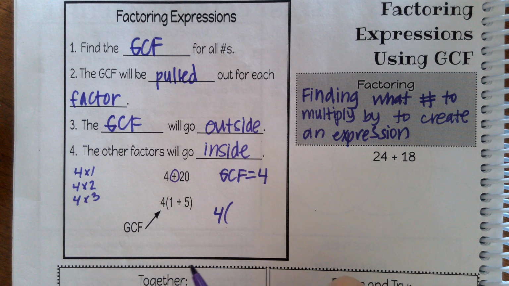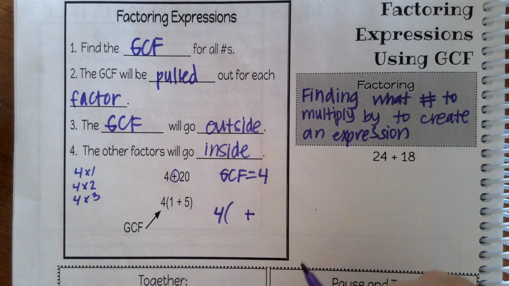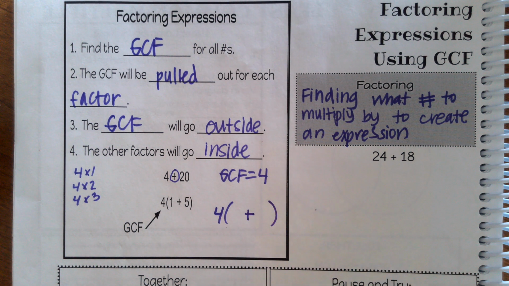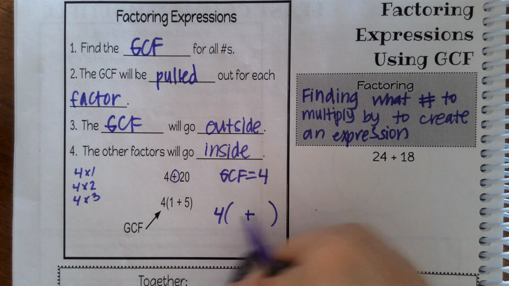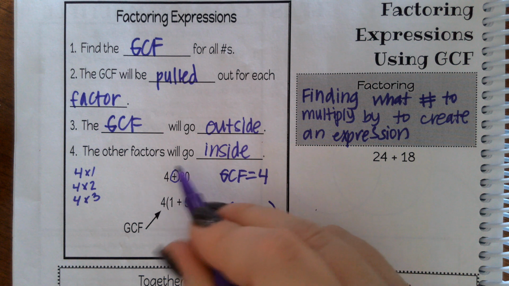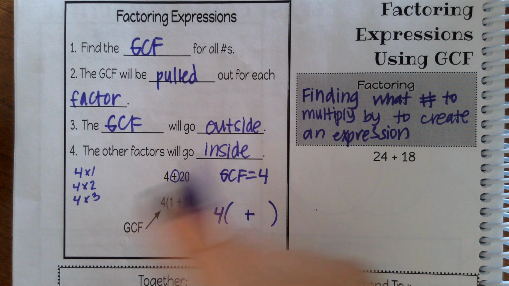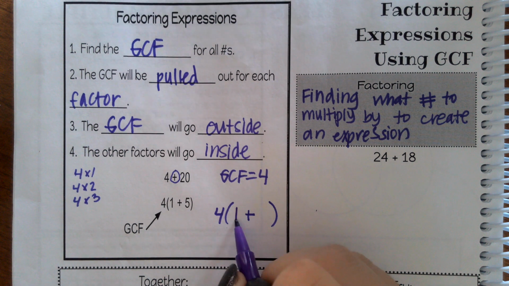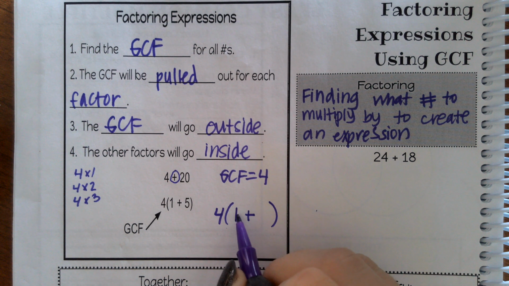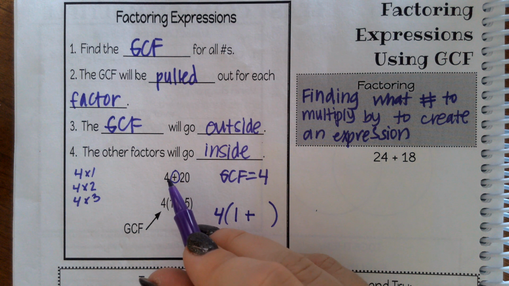We have a plus sign, so we're gonna have a plus sign in the middle of the parentheses, and there's gonna be a number here and a number here. The numbers determine what this looks like. So if we pulled a 4 out of 4, we are left with 1. So 4 times 1 gives us that 4 right there.